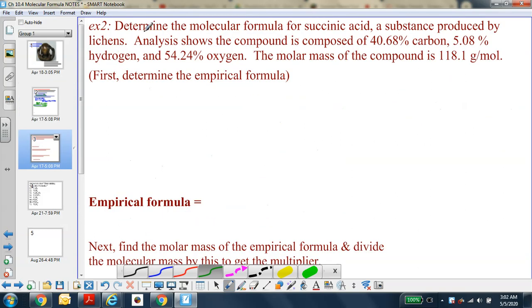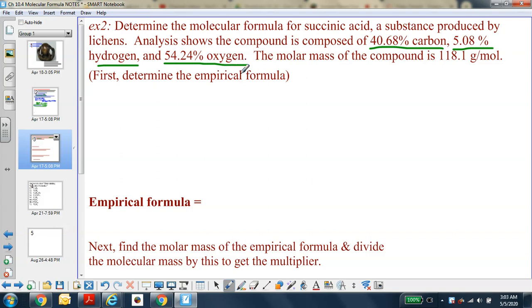So here's an example like that. Determine the molecular formula for succinic acid, a substance produced by lichens. Those are the things that grow on trees. Analysis shows the compound is composed of 40.68% carbon, 5.08% hydrogen, and 54.24% oxygen.